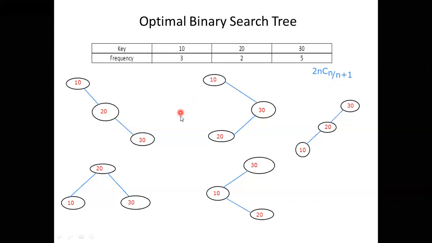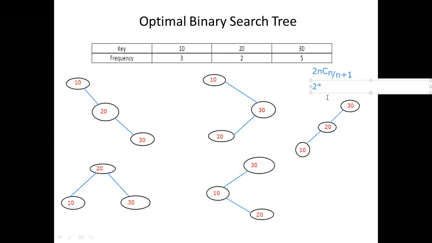Here it is very easy to draw because we have only given 3 keys. If the number of keys increases, the number of trees we can draw will be more. That is why it is better to use this formula, 2n C n divided by n plus 1. I will solve it here. What is 2 into n? N means the number of keys given. How many keys? 3 keys.